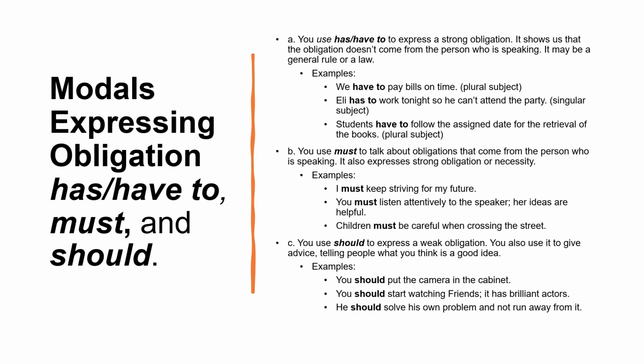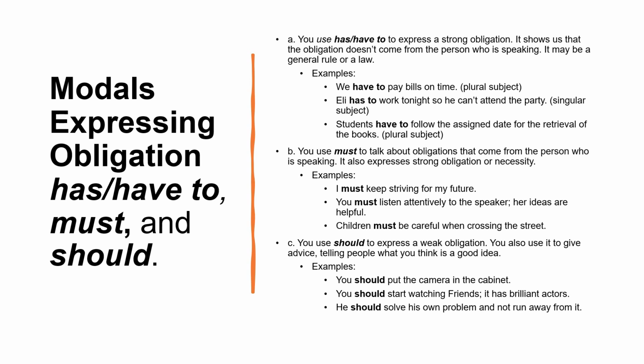It shows us that the obligation does not come from the person who is speaking. It may be a general rule or a law. For example, in a plural subject, we have to pay bills on time. In a singular subject, Ellie has to work tonight, so he cannot attend the party.